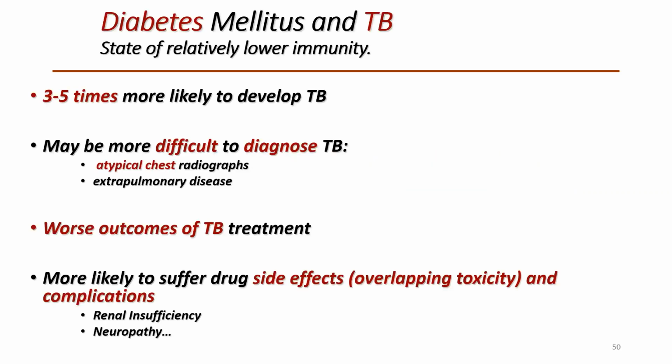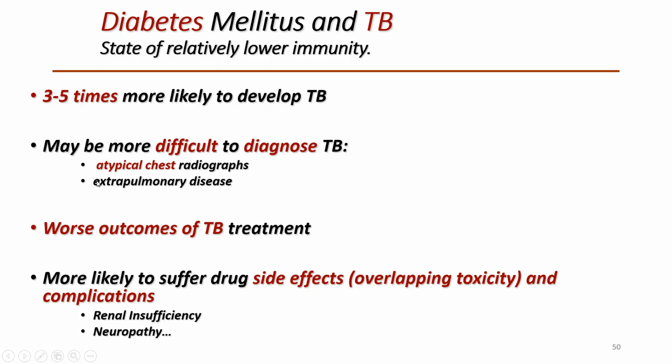Just to remind you that diabetes mellitus lowers the immunity of these patients. And since the immunity is lower, these patients are 3 to 5 times more likely to develop TB.